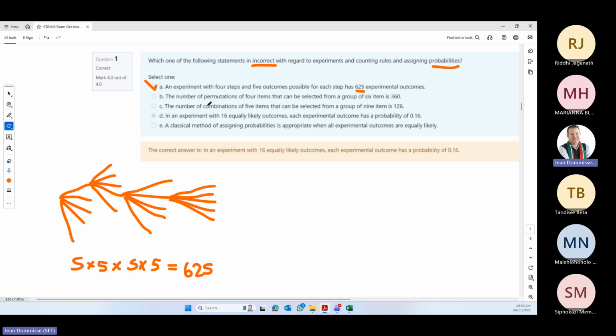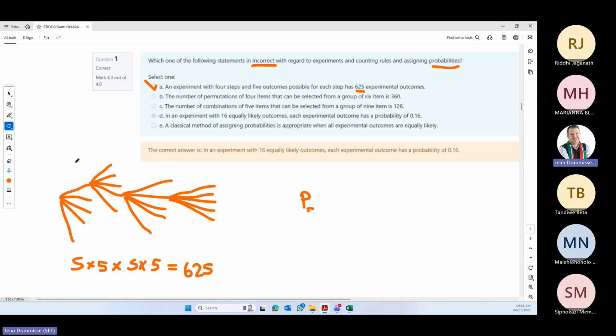Okay, the number of permutations of 4 items that can be selected from a group of 6 items. Okay, so let's just get, where is that on my calculator? Ooh, my calculator didn't even have it. Shucks.